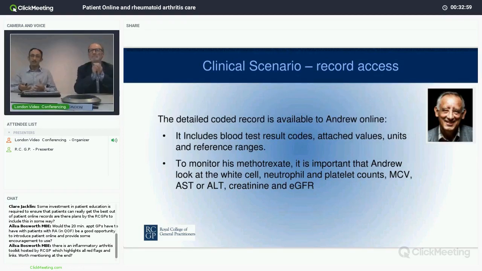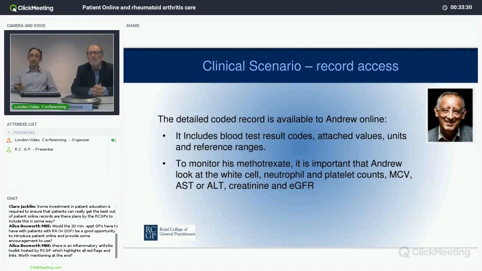So, in a sense, the data coded record available to Andrew will allow him to look at his blood test results, the codes, the attached values. Most of the systems employed by general practice today have a set of units and reference ranges attached to those results, so you'll be able to see briefly what the context of those results are and the reference ranges.